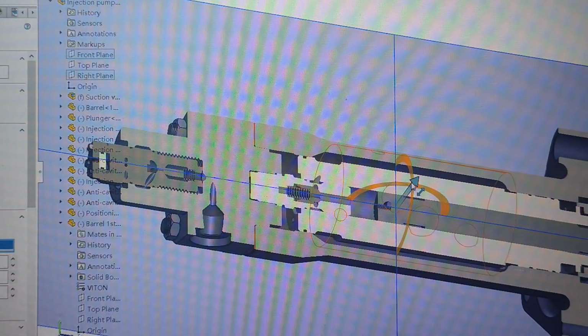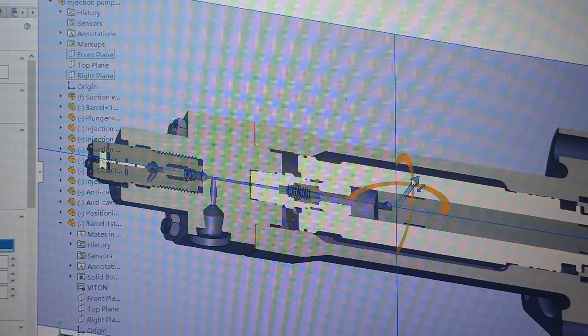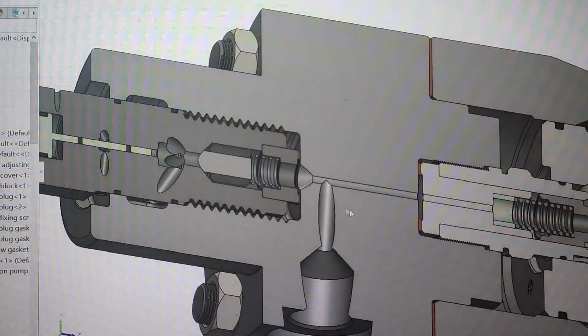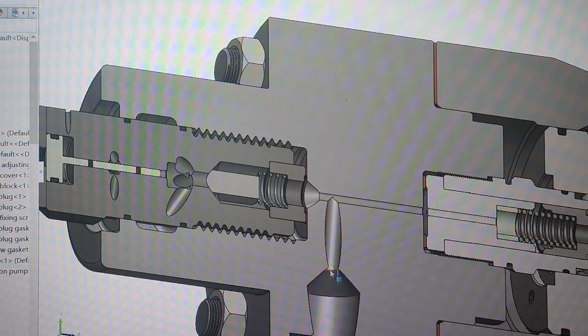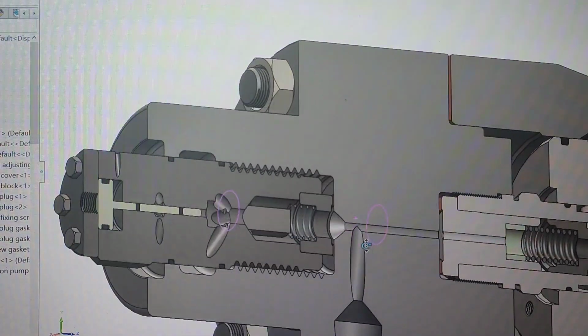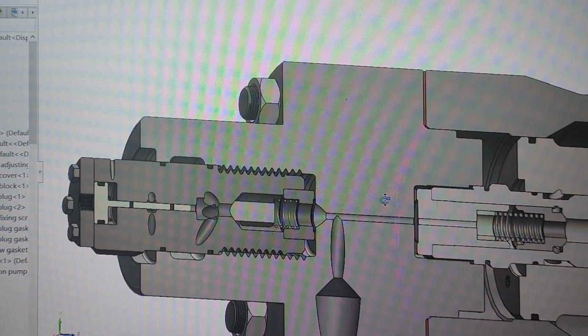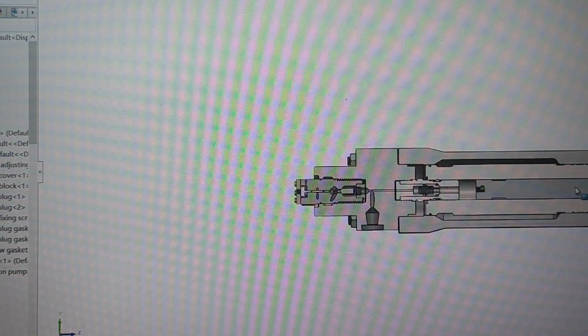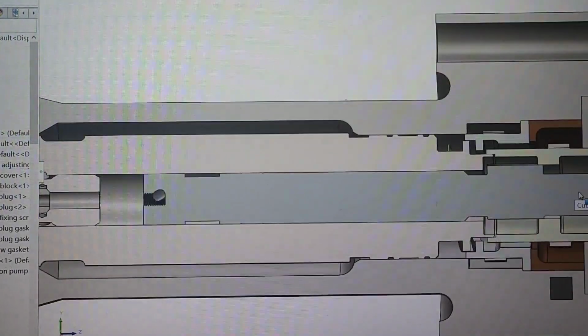Something like this. I will say that this shape here is due to the cutting face I made. You understand that, right? So let's see how this fuel pump works.